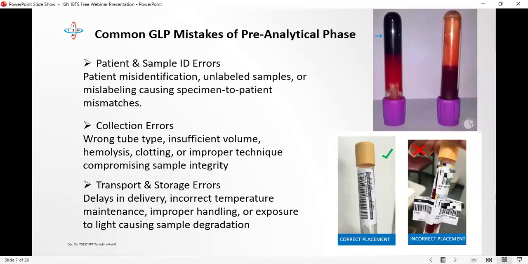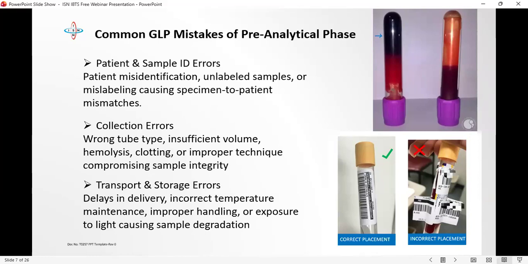So this is another error that you can look out for. Collection error is another one, when a wrong tube is used. For maybe chemistry analysis, you mistakenly put the sample into a wrong container, or when insufficient volume is collected for a sample. Hemolysis, like I mentioned before, can also be another collection issue.